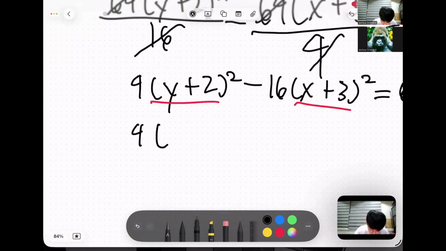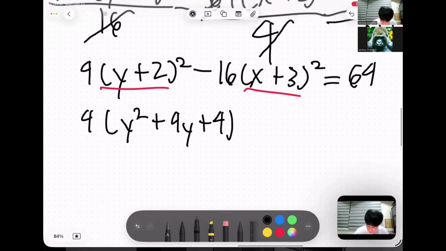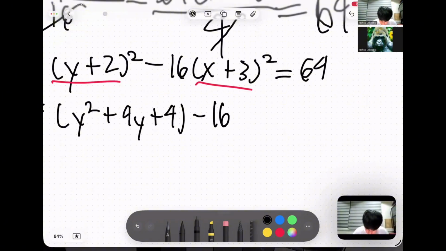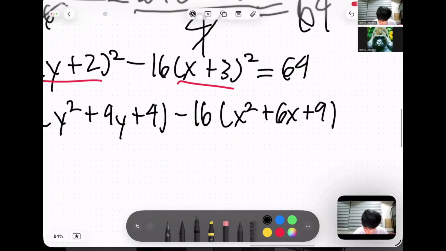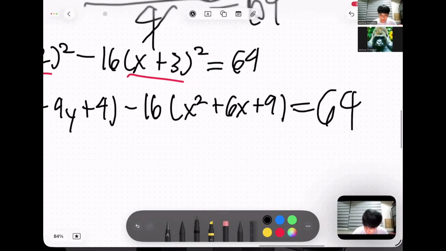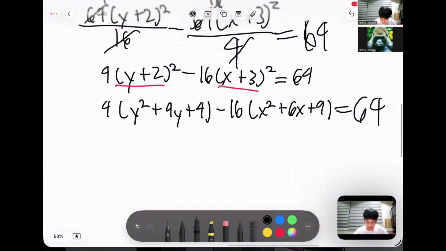So 4 times the quantity y squared plus 4y plus 4, then minus 16 times the quantity x squared plus 6x plus 9, equals 64.